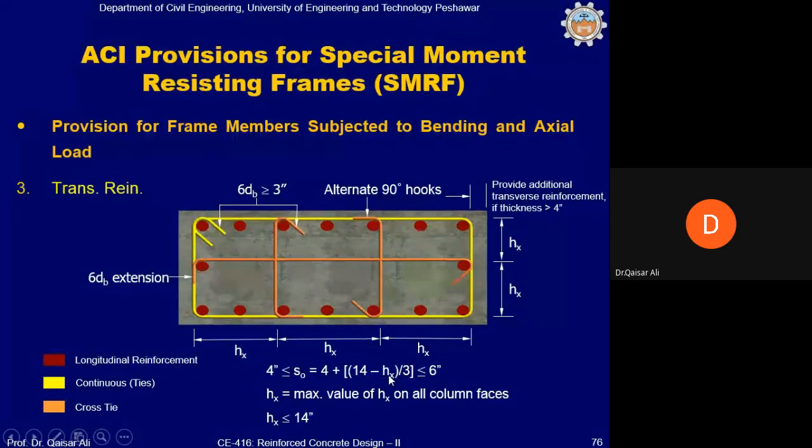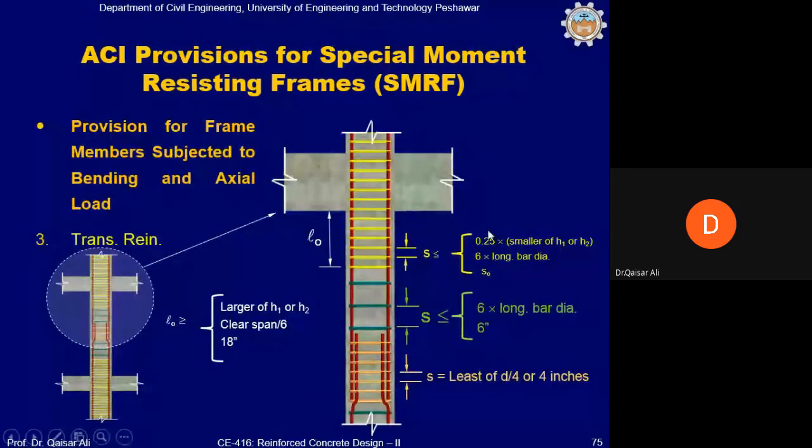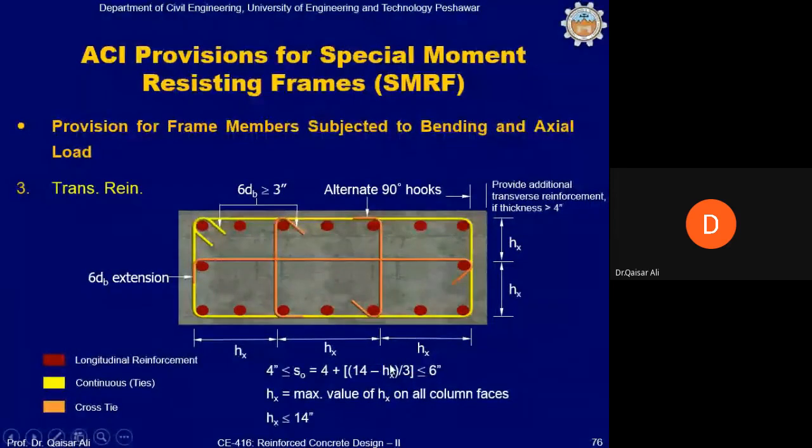If hx is 11 inch, then 14 minus 11 is 3 inch. 3 divided by 3 is 1, and 4 plus 1 is 5 inch. So S0 will be taken as 5 inch, and this S0 shall be compared with the two already obtained values of S, and the least shall be accepted. Okay. If hx is 14 inch, then 14 minus 14 will be 0, and this will be 4 inch.